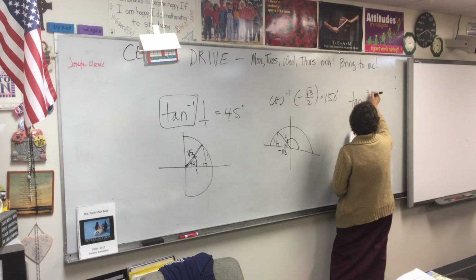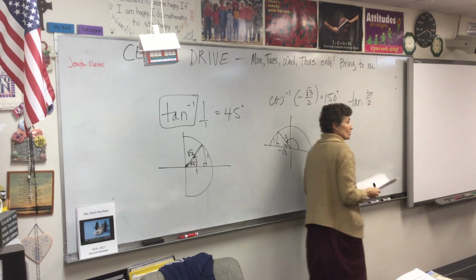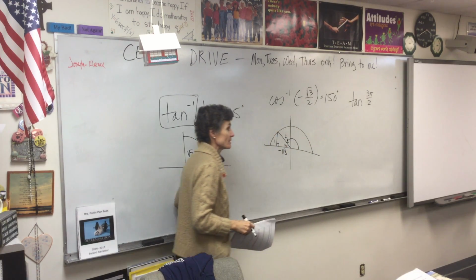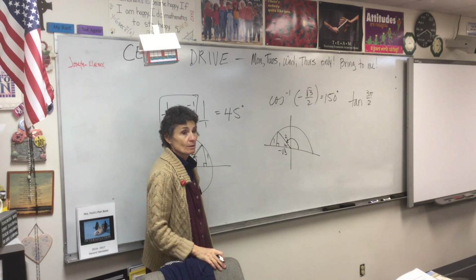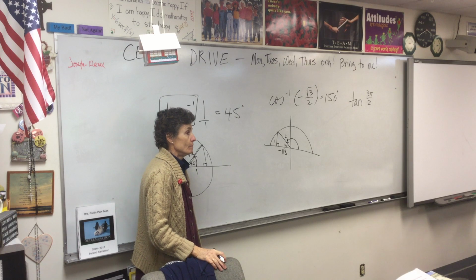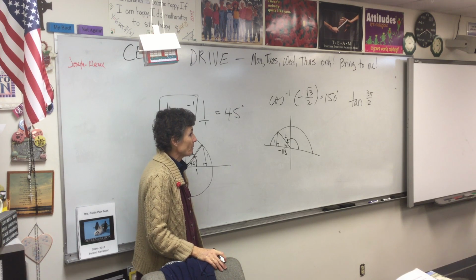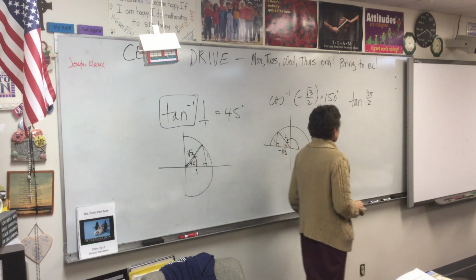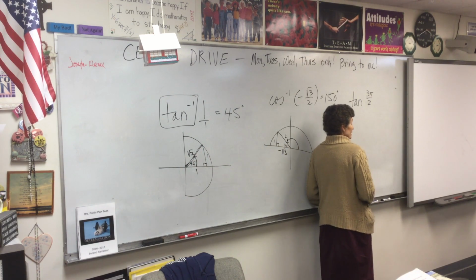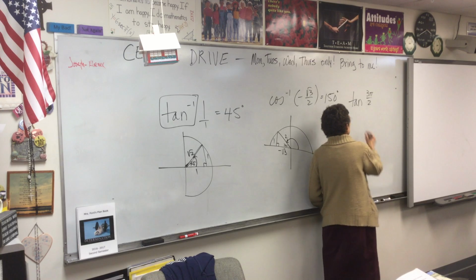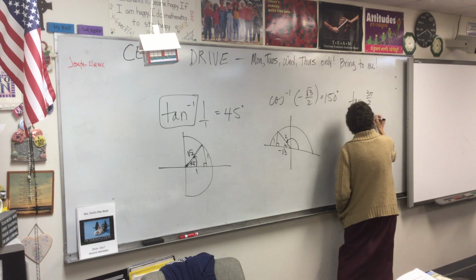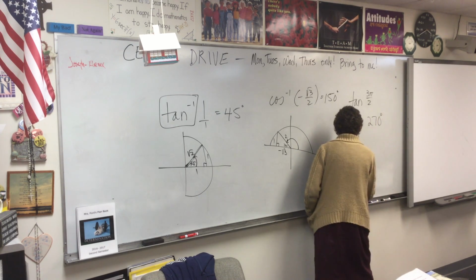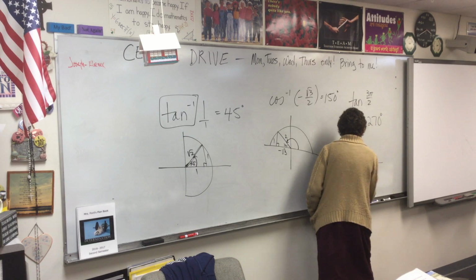Alright, now I'm finding the tangent of 3 pi over 2. Some of you were asking questions about this kind. What do I do with 3 pi over 2? 90 times 3 is 270. Oh man, 270. This is not music to my ears. Why am I not real excited about 270?